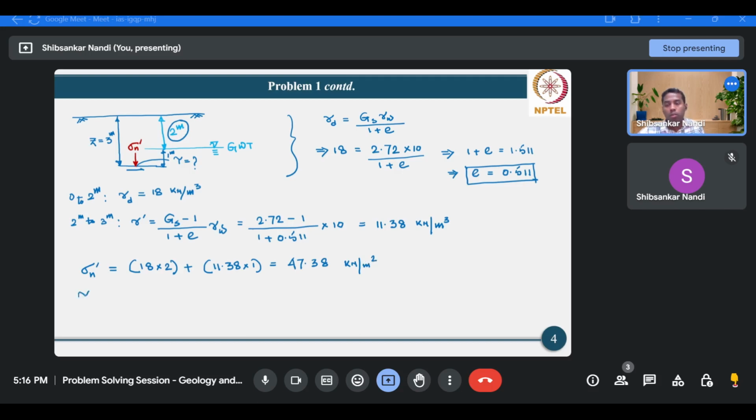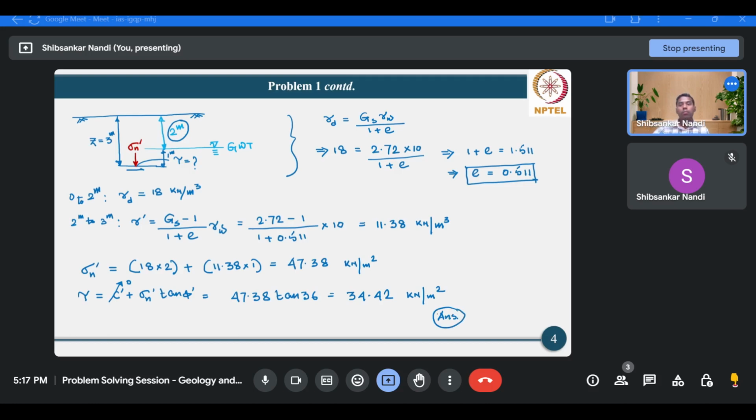So therefore the tau value will be c prime plus sigma n prime tan phi prime. Now c prime is 0, so this will be 47.38 multiplied by tan of 36, so this value is 34.42 kilonewton per meter square. So this is the answer.